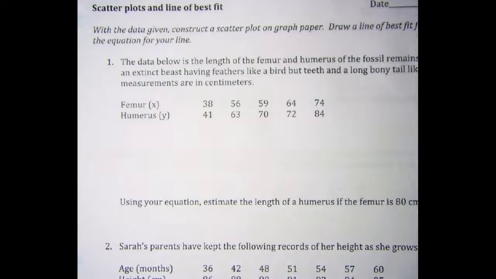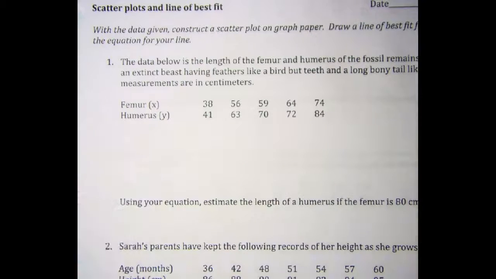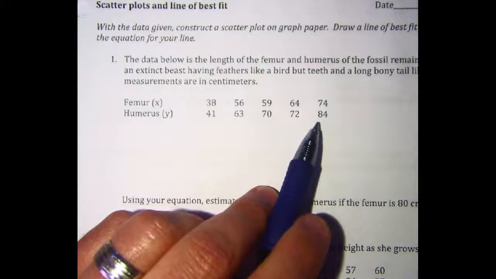Okay? Now, kind of like when we were doing the other stat stuff, you need to look at what your min and max is. Mostly your max. So look at all these numbers. What's the biggest number here? 84. So we need to make a graph that can go up to 84.